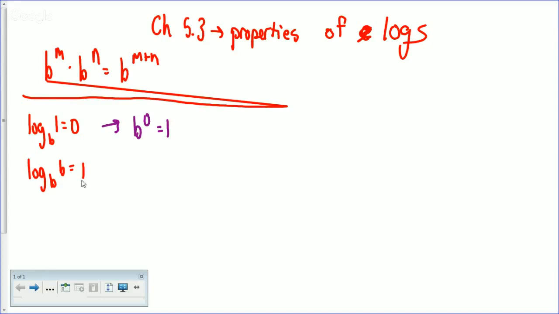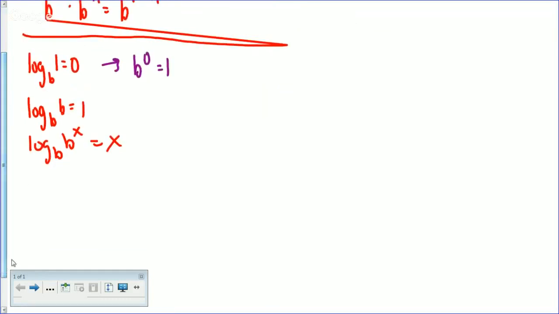So we also have log base b of b to the x equals x. We've got b to the log, so this is a power right here, of b to the x. So very similar to the last one, and we still get x with that.